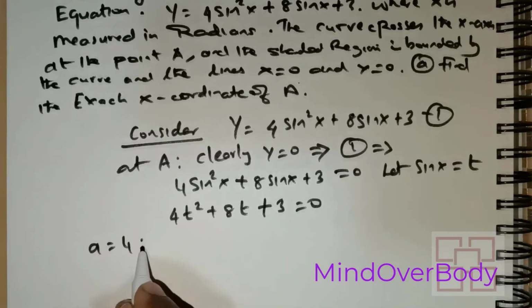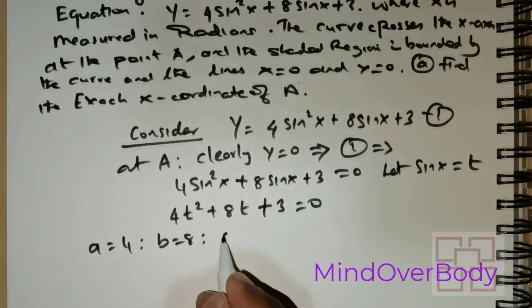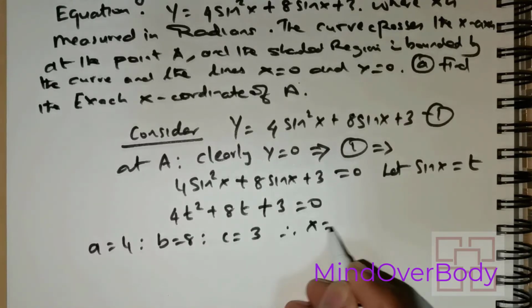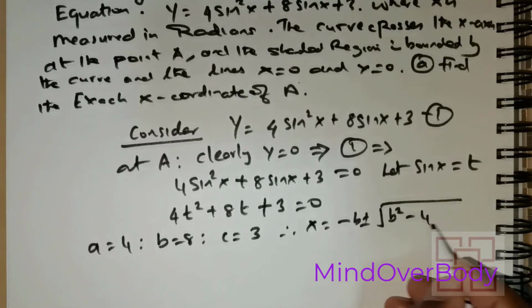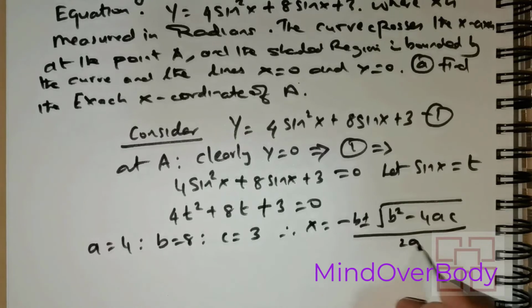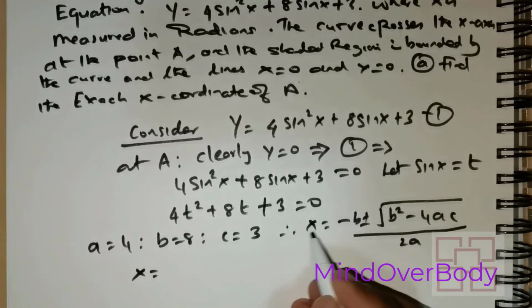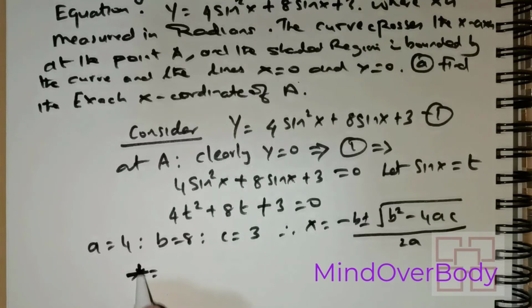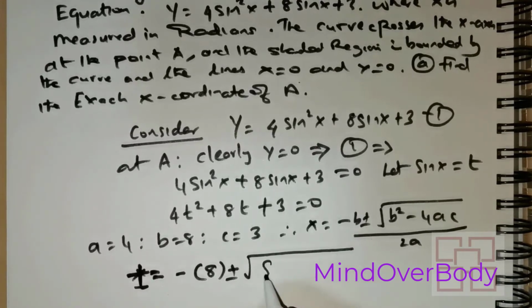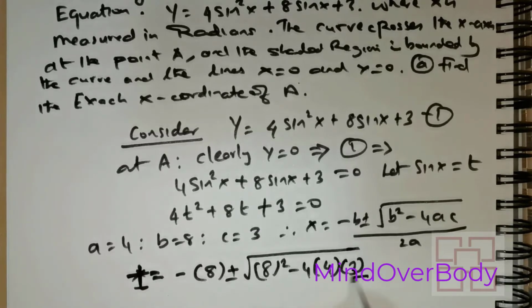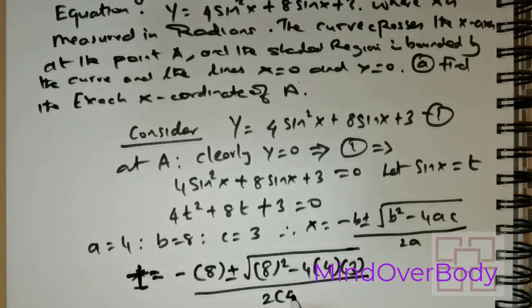If I take a to be 4, b to be 8 and c to be 3, and use the quadratic formula, negative b plus or minus the root of b squared minus 4ac, divided by 2a, with t in place of x, my t is equal to negative 8 plus or minus the root of 8 squared minus 4 times a times c, divided by 2 times a.